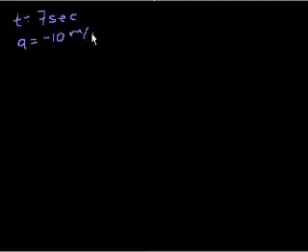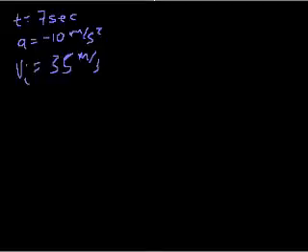So once again, the total travel time is 7 seconds, right? We know the acceleration is minus 10 meters per second squared. And we know that the initial velocity, we figured it out, is 35 meters per second. So to figure out how high it went, let's just draw that part. The ball is going up, right?